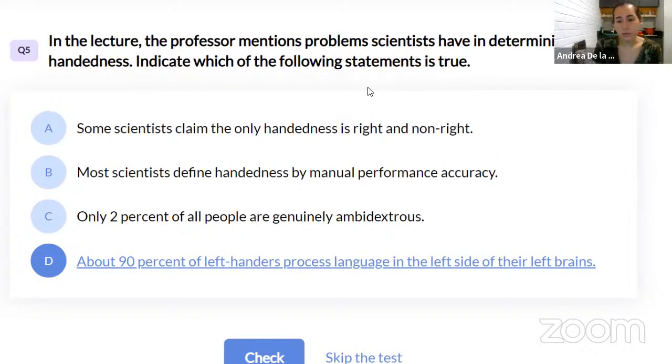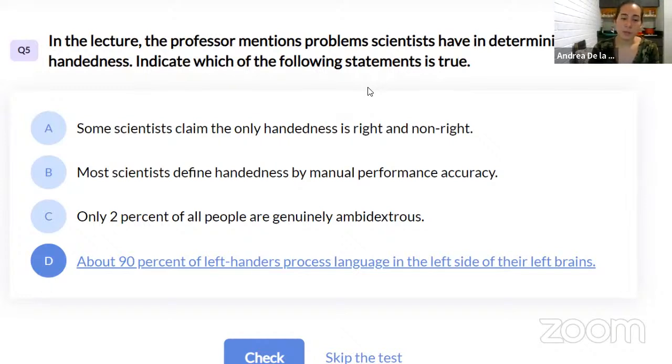If it's in your left side of your left brain, then you're left-handed. Well, not all of the time, right? But 90% of the time, you're very likely to be left-handed. But if you process language in your right side of the brain, then you're more likely to be right-handed. So that is what would determine handedness, right? And that would actually solve the question of what determines handedness. So I think there's something wrong about that fact.